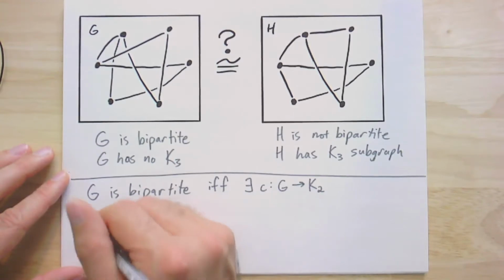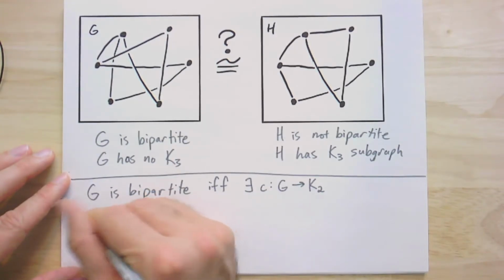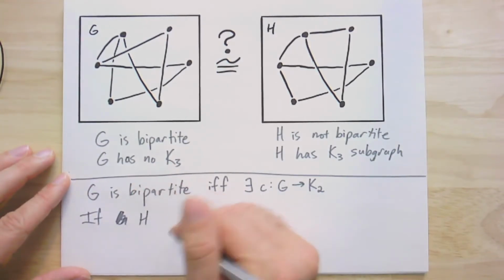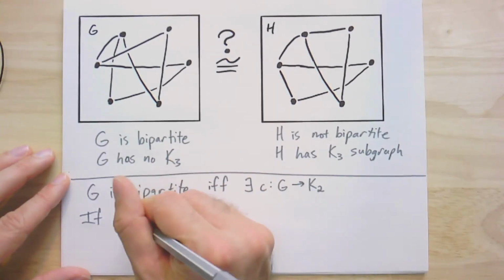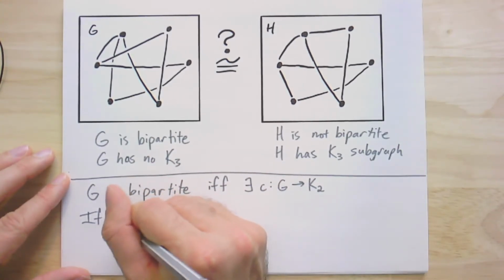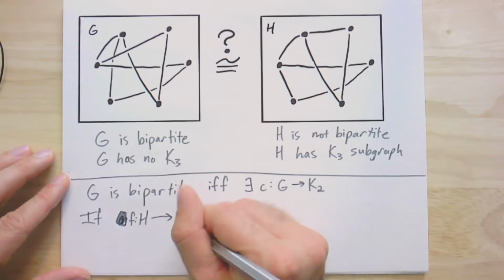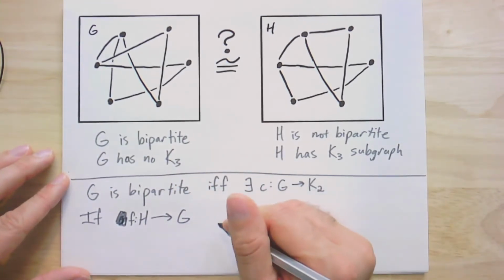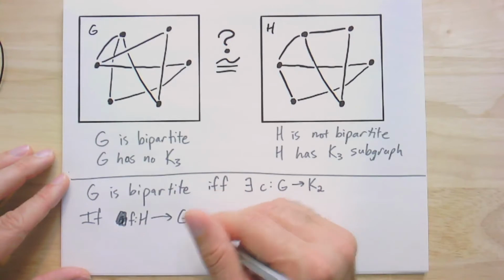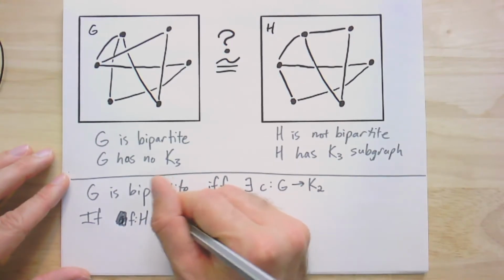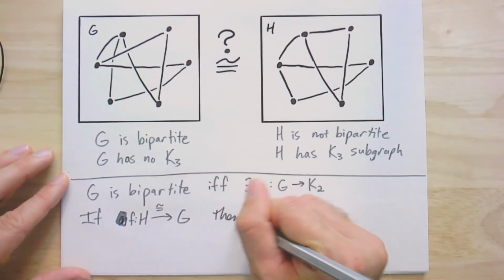And now we see, well, if we have the isomorphism between these, then we have an isomorphism, let's call it F, from H to G. In fact, it doesn't even have to be an isomorphism.